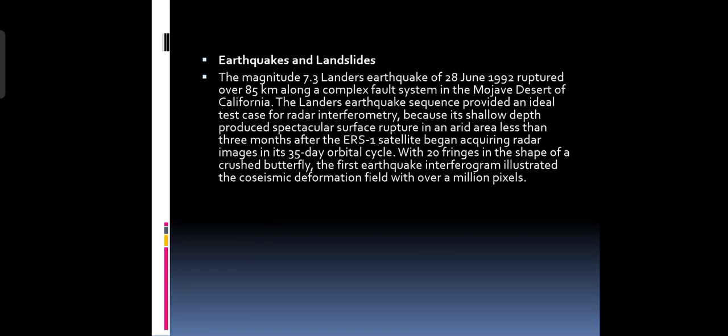Earthquakes and landslides. The magnitude 7.3 Landers earthquake of 28th June 1992 ruptured over 80 kilometers along a complex fault system in the Mojave Desert of California. The Landers earthquake sequence provided an ideal test case for radar interferometry because its shallow depth produced spectacular surface rupture in arid areas less than 3 months after the ERS-1 satellite began acquiring radar images on a 35-day orbital cycle.